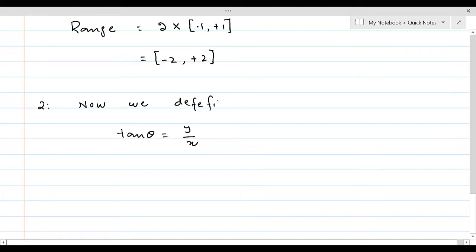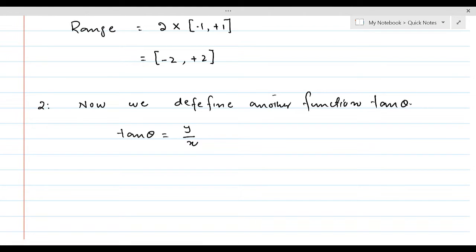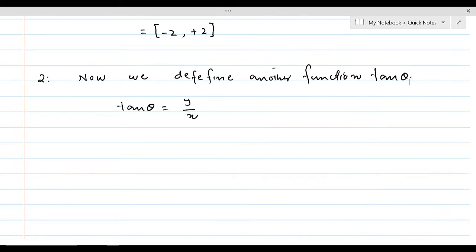Now we define another function, tan theta, which is basically derived from the same coordinates x, y on the unit circle. And for this, obviously, if x becomes equal to 0, the tan theta will become infinity.